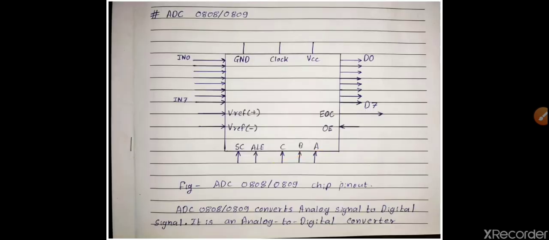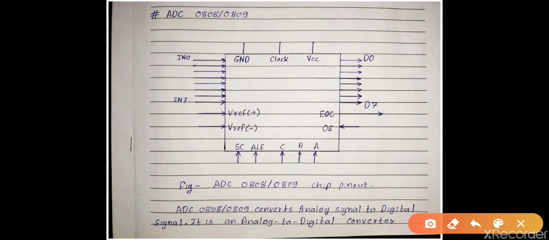So now we'll see some basic functions of ADC IC. So here is the pinout diagram of ADC 0808 or 0809. Here you can see there are 8 analog input channels, IN0 to IN7.